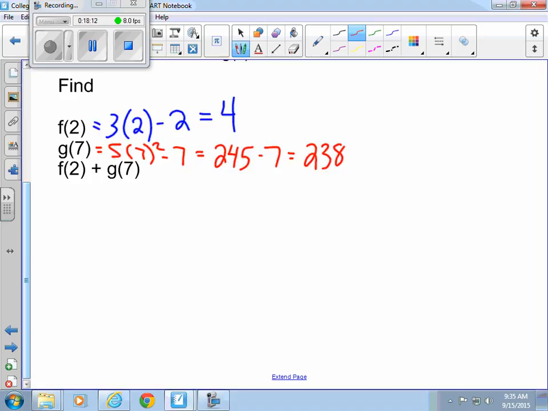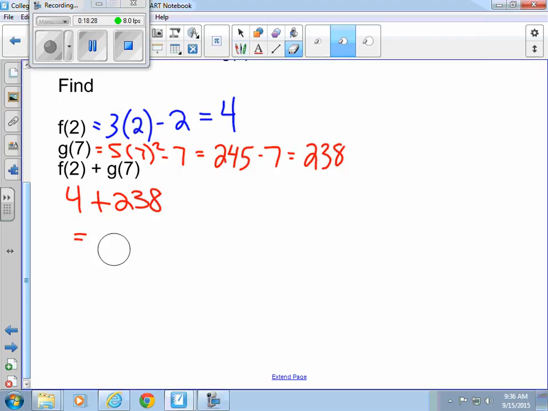Alright, and f of 2 plus g of 7, well I've already found f of 2 was 4. I found g of 7 was 238. So f of 2 plus g of 7 is 242.